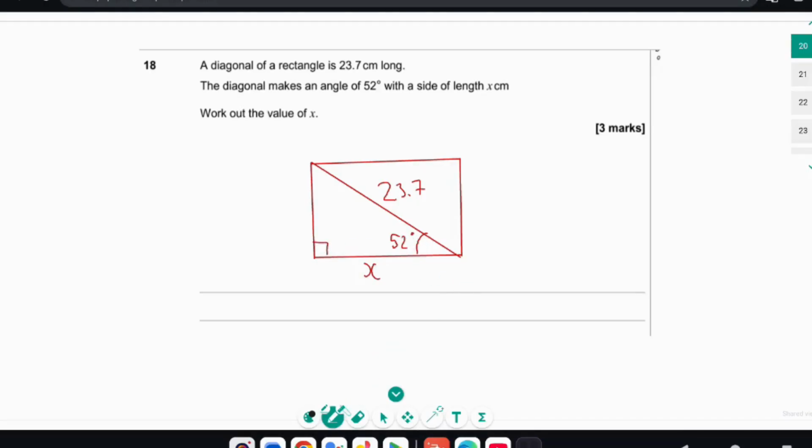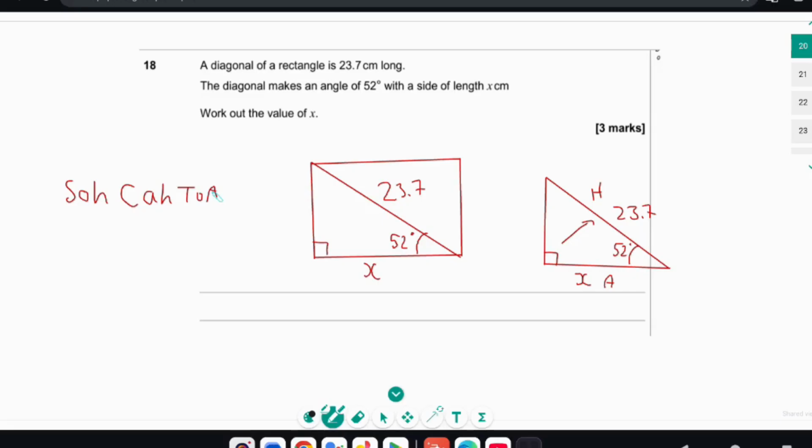Hopefully you've spotted it is a right angle triangle here. So when you see a right angle triangle, you need to think either Pythagoras or SOHCAHTOA. We have an angle, 52 degrees, so it is SOHCAHTOA. So we need to label A, O and H. This is the adjacent because it's between the right angle and the angle. Opposite the right angle is the hypotenuse, so it's CAH.